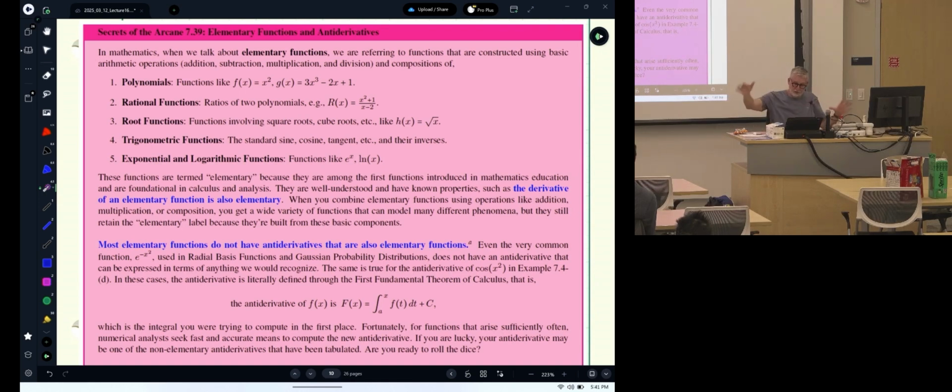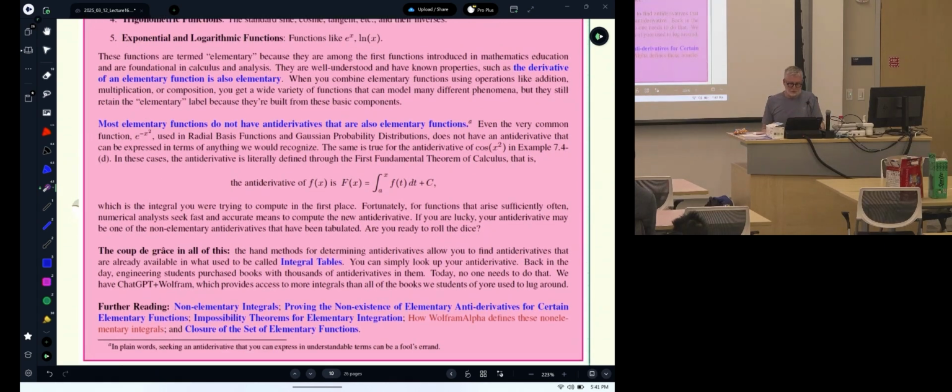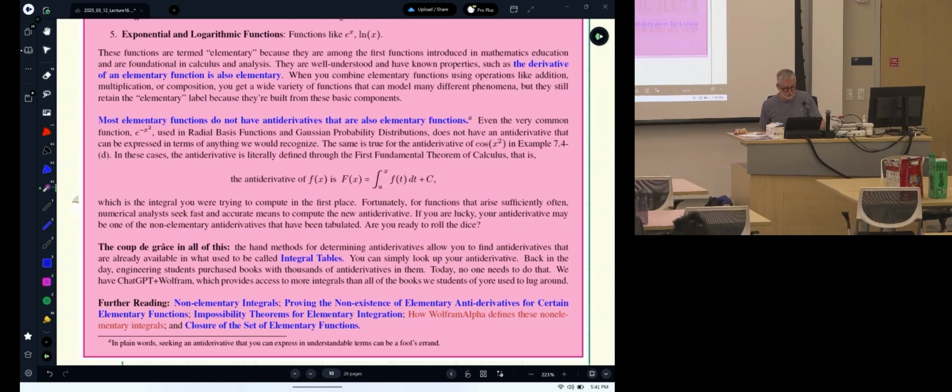And in fact, there's a sense in which you can say that set is measure zero, volume zero within the set of continuous functions. So that means mostly when you want to evaluate integrals, you need to use the methods of chapter 3, which is numerical integration. So quad GK is what you need to use.